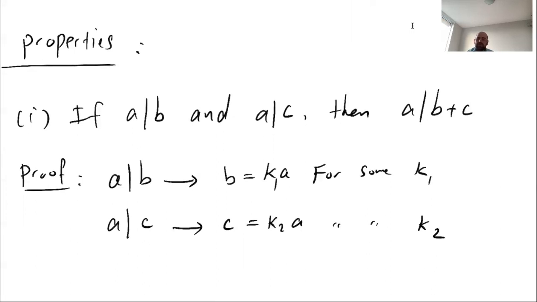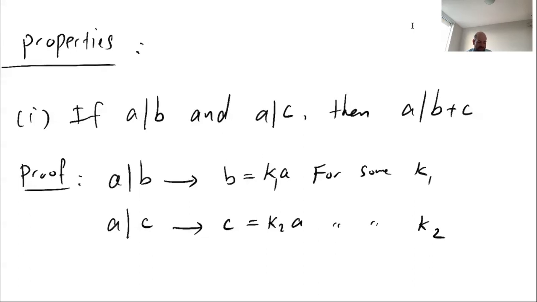Please remember that the most important thing when you want to prove a statement is applying the definitions. In this case, we have a definition for A dividing B. What was the definition? We say A divides B if B is equal to kA for some k. Now I have two assumptions here and one goal or conclusion.